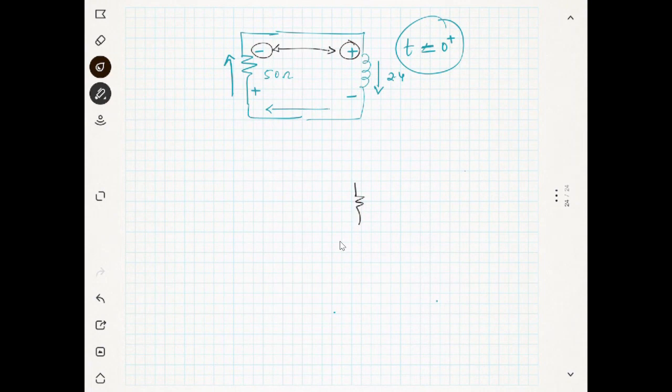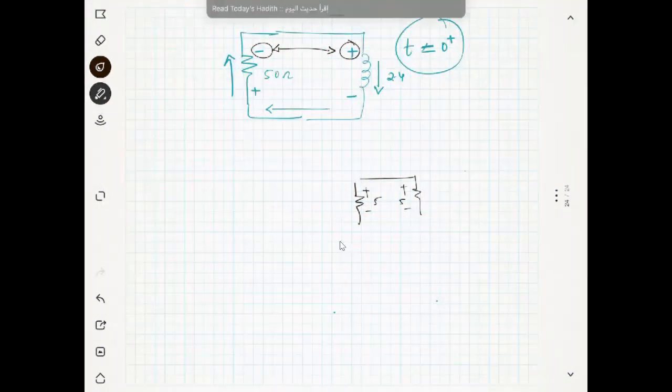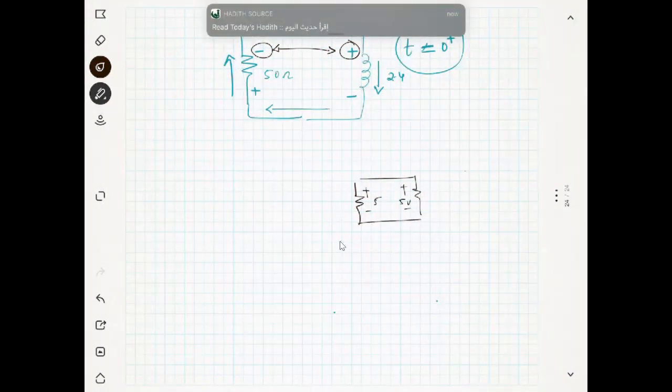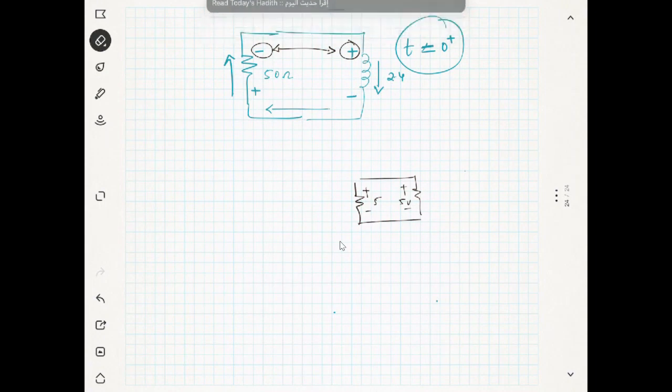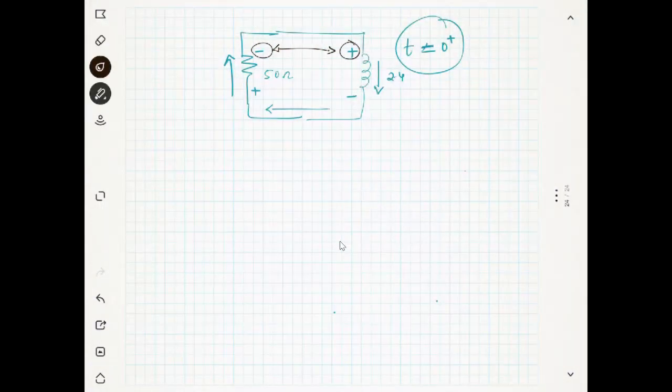If you have plus minus 5 volt, in the other part also it will be plus minus 5 volt, right? But here inductor current is flowing like this. At t equal to 0 minus the polarity was like this. If the inductor current flows like this, then what will happen to the polarity of the resistance here? It will become plus and minus.